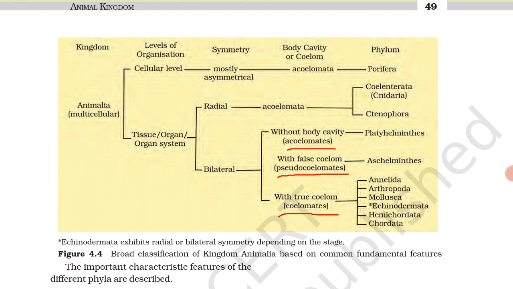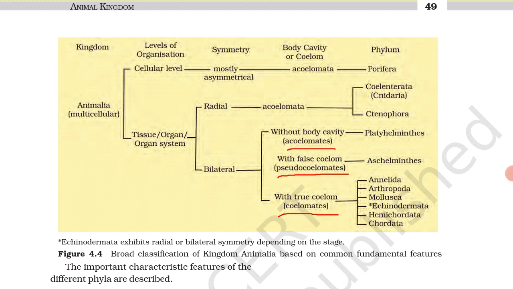The example of cellular level organization is sponges. For tissue level organization, examples are ctenophora, coelenterates, etc. Organ system level of organization we have seen earlier.